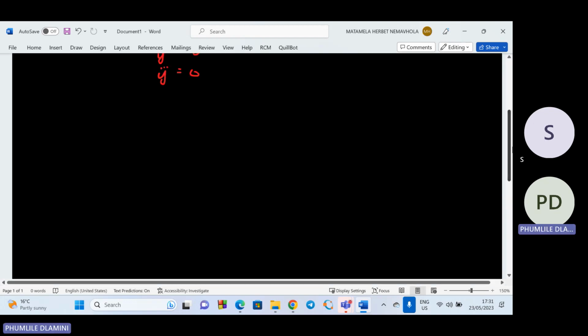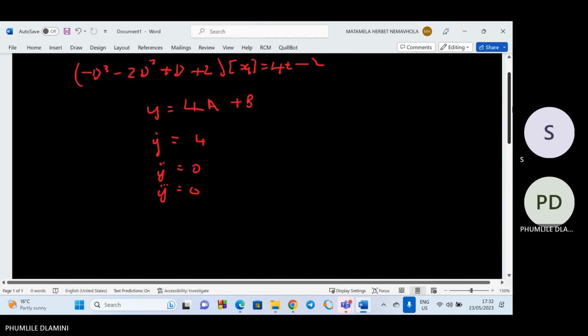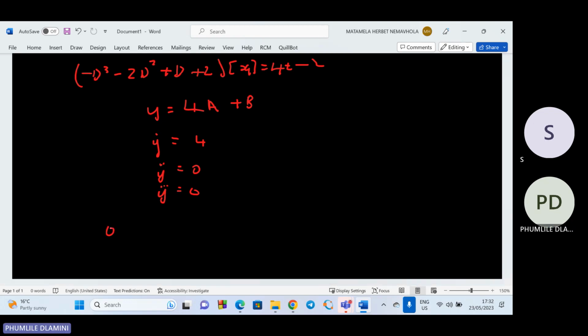Then we're going to substitute this value there. So where there is y prime it is going to be 0 minus 2, where the second one is also 0, plus 4 plus 2 in brackets 4a plus b.